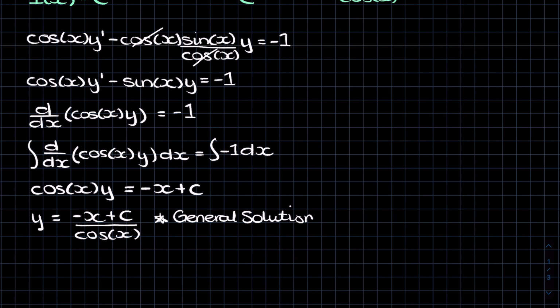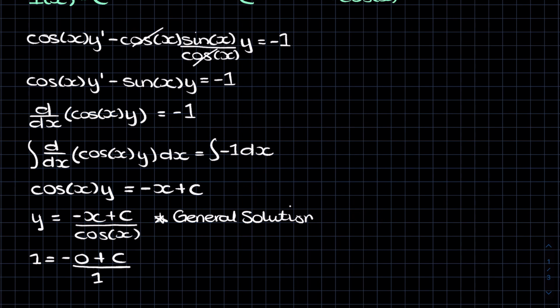But because we have an initial value problem, we also need to plug in x equals 0 and y equals 1. So if we do that, we get 1 equals minus 0 plus c over cosine of 0, which is just going to be 1.